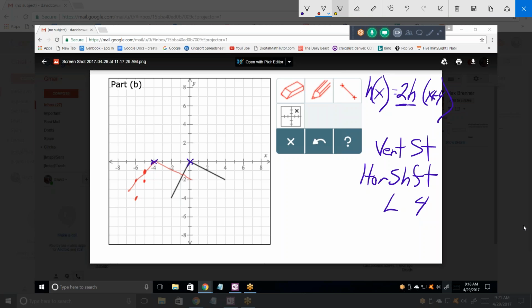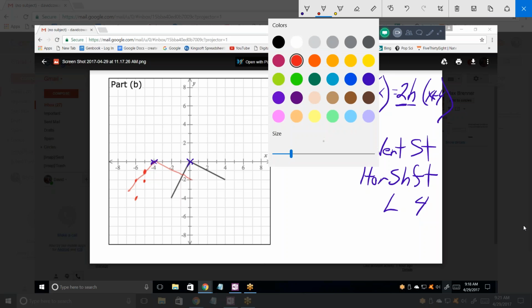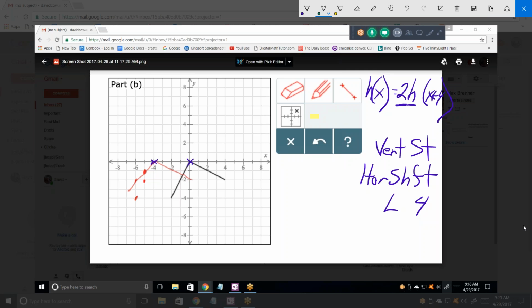Effectively, what a vertical stretch does is it makes that line steeper. See why? So really, you're just multiplying the y value by 2. Exactly, and that's what that says. h of x says 2 times the function.